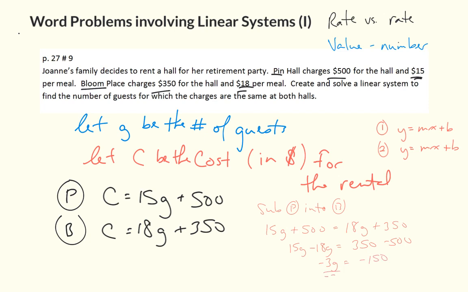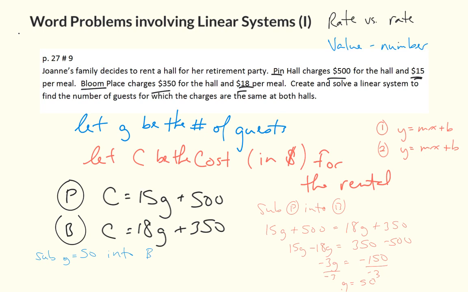Divide both sides by negative 3, and I get that G equals 150 over 3, negative divided by negative, so G equals 50. That's handy because now I can sub G equals 50 into either P or B.